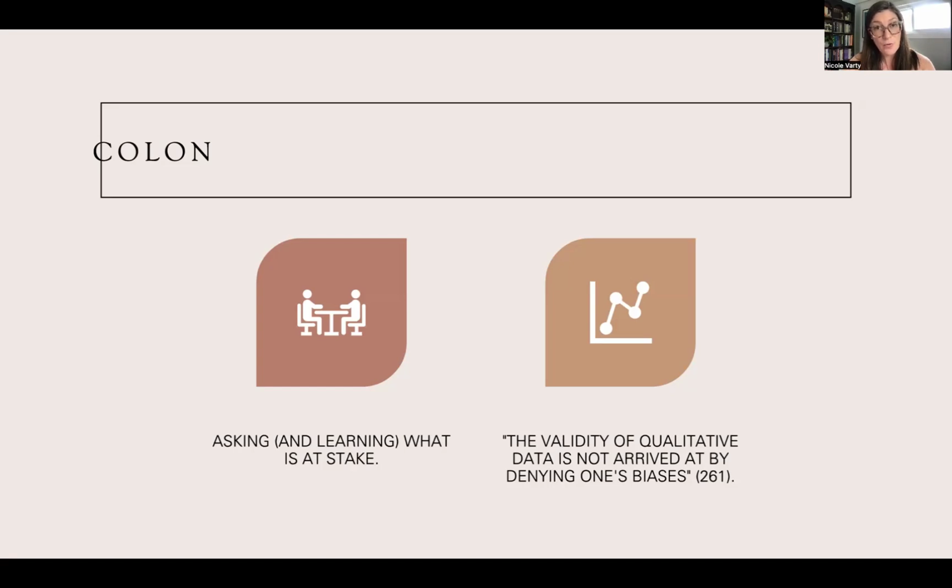What is at stake for this storyteller, the person who's telling me their story? What are they risking? What are they nervous about? What do they stand to lose in the scenarios that they might be describing to me? This is a really important ethical step for us as researchers to understand so that we get out once again of that comparison value judgment mode.